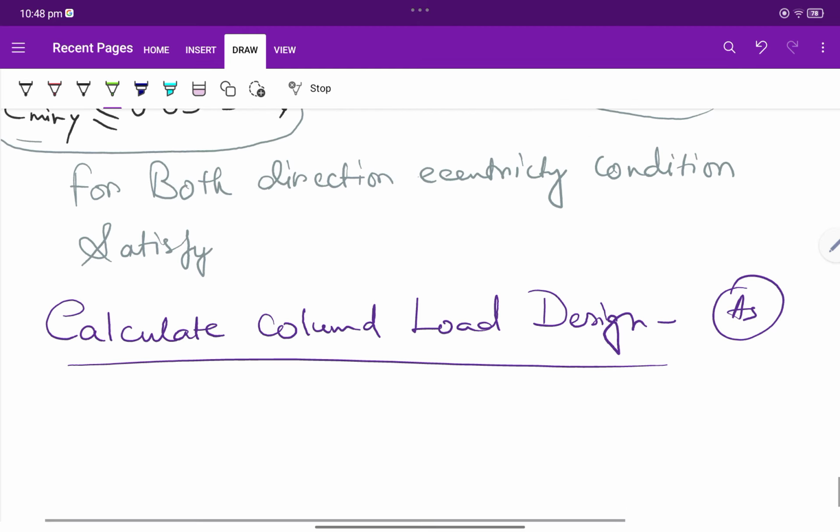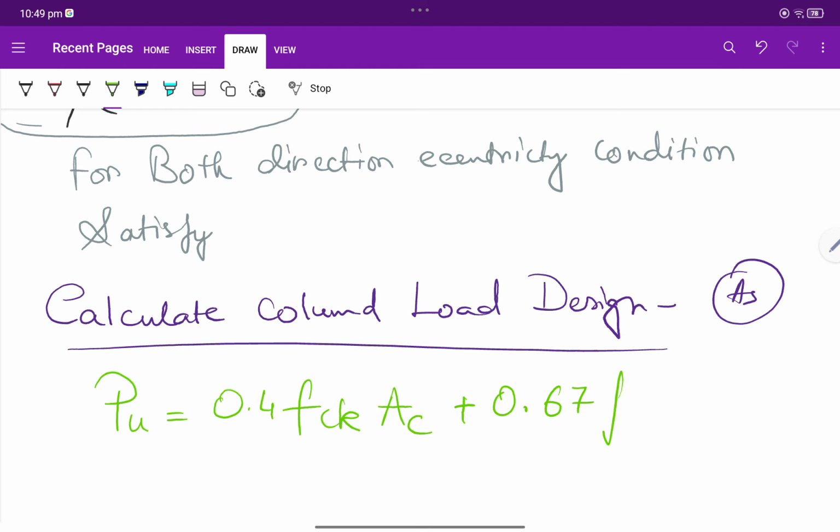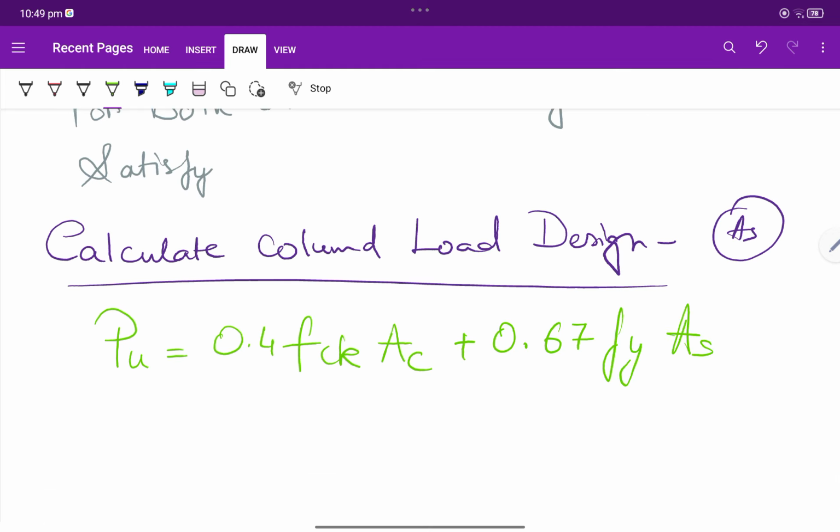The formula here is PU is equal to 0.4 FCK AC plus 0.67 FY AS. Here AC is the area of concrete, that is, we can write AG minus AS is equal to AC.